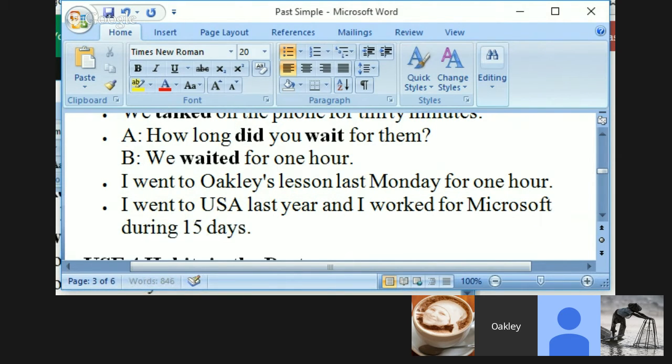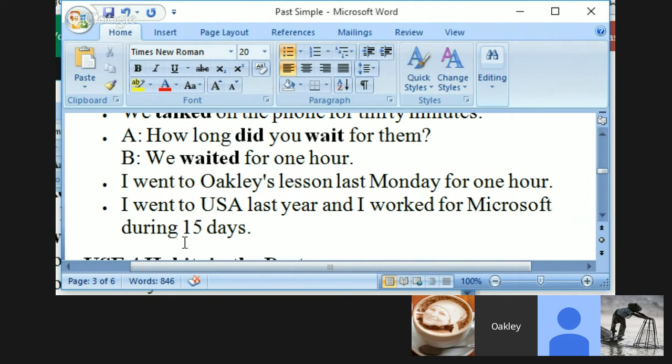Okay, wait a minute. All right. Wait a second. I went to USA last year. Okay, that's fine. And you're creating a compound sentence by giving me a new subject, but that is perfectly fine. And I worked for Microsoft during 15 days. We do not use during this way.